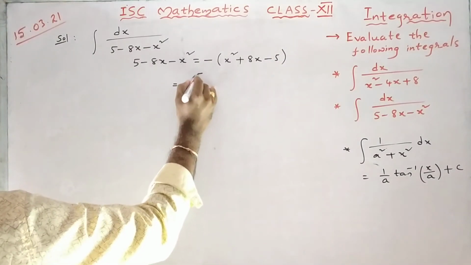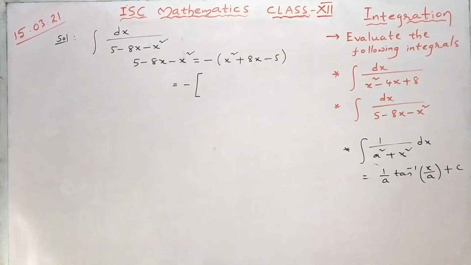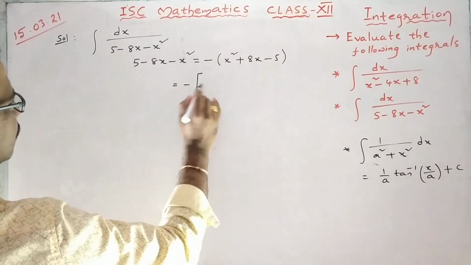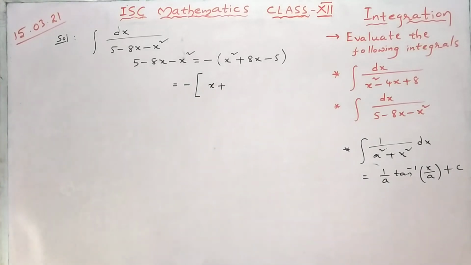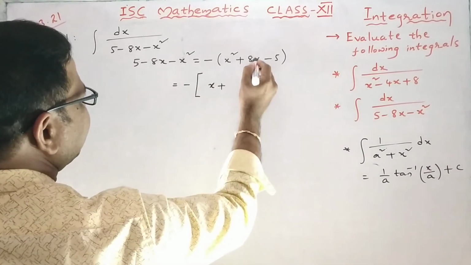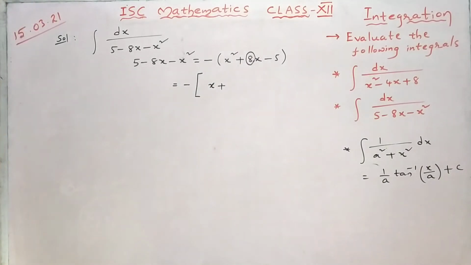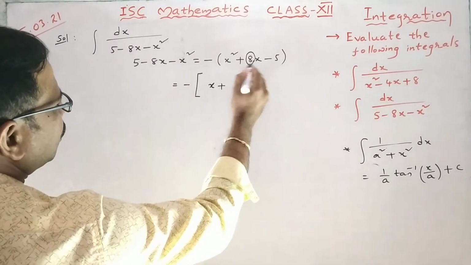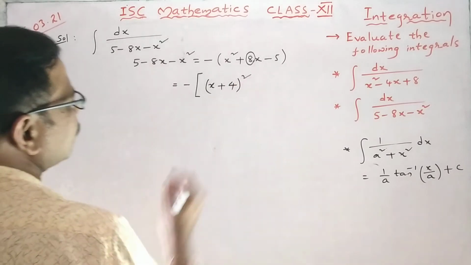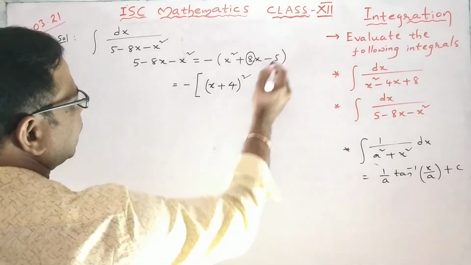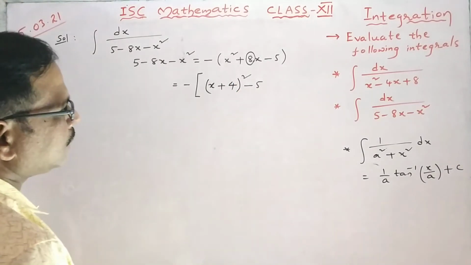Already I told you the coefficient of x square is 1 here, so there is no problem. Write x plus as it is. Now what is the coefficient of x here? 8. Half of it is 4. Put whole square. Now minus 5 as it is.